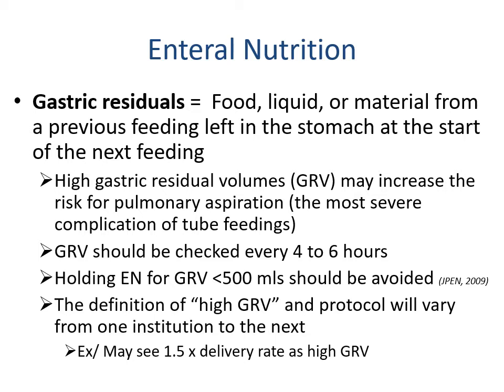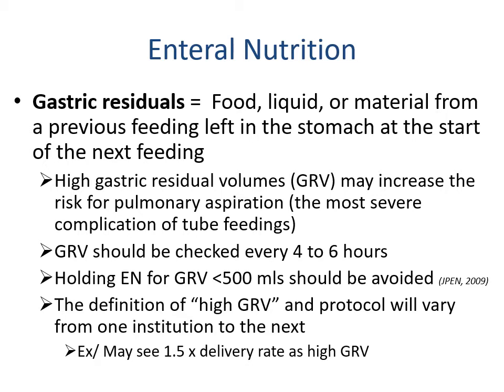So when we first start feeding patients, gastric residuals are checked every 4 to 6 hours. However, this is done on a hospital by hospital basis. They will determine what is a quote unquote high gastric residual.